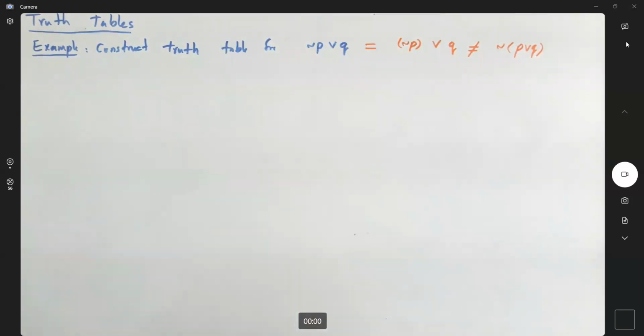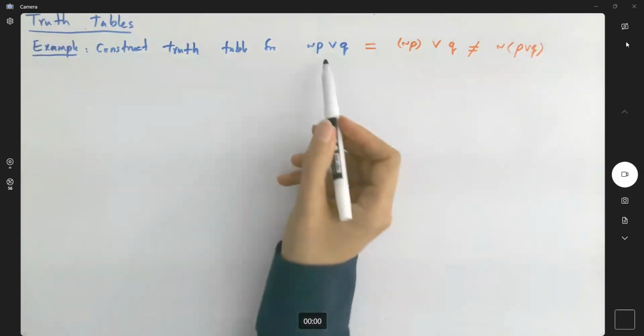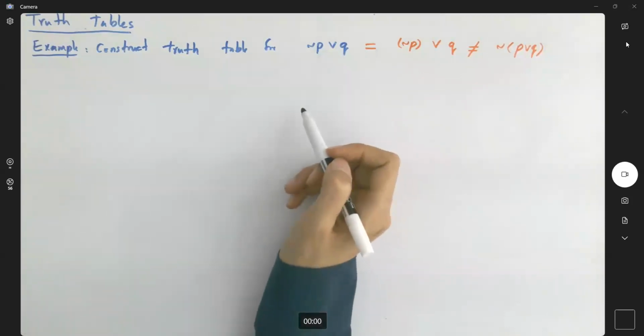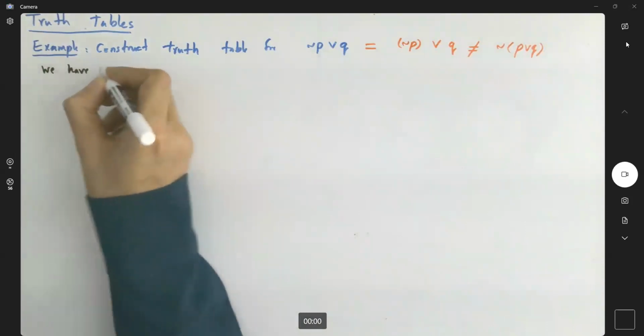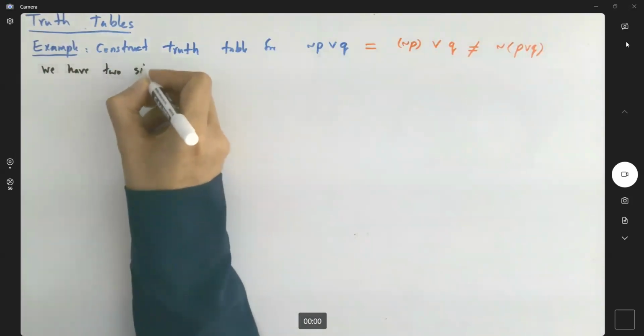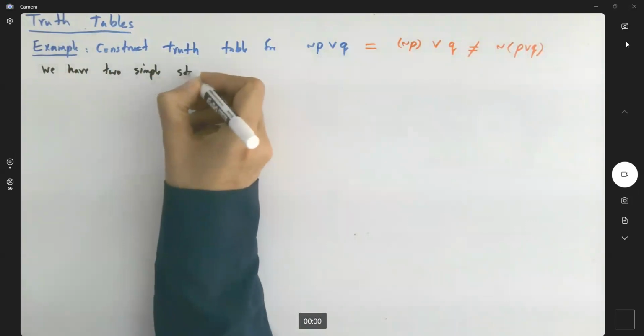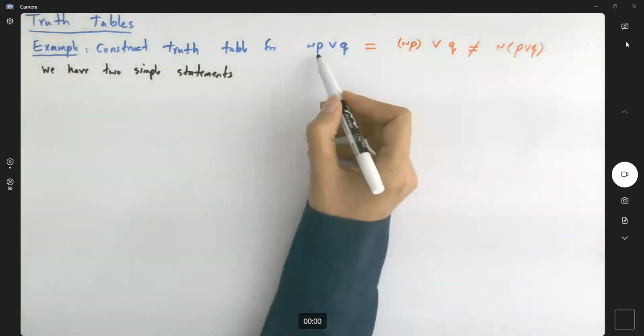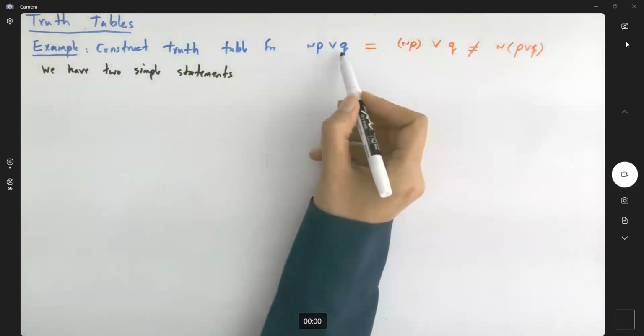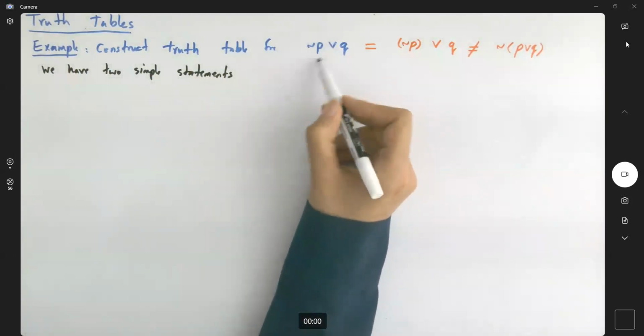The very first thing you should be asking is, how many simple statements do we have? Here we have 2 simple statements. What are those? One of them is P, the other one is Q. Not P is a new statement.